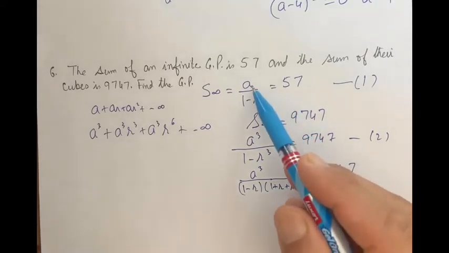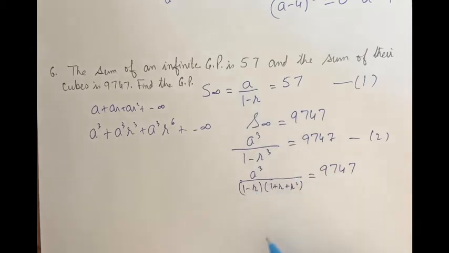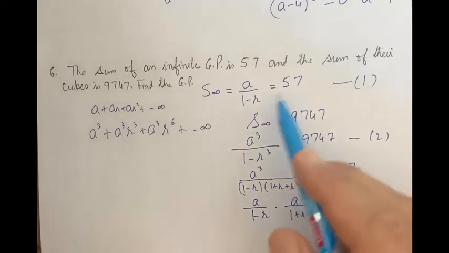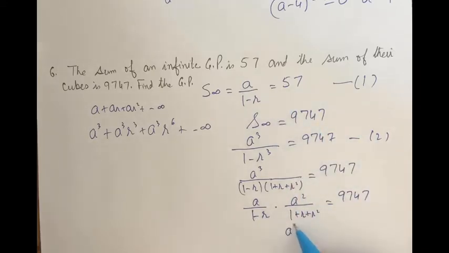And we can substitute the value of a upon 1 minus r here. This is a upon 1 minus r, a square 1 plus r square, 9747. And the value of a upon 1 minus r is 57. So this is a square 1 plus r square, 9747 upon this value, which is 57.